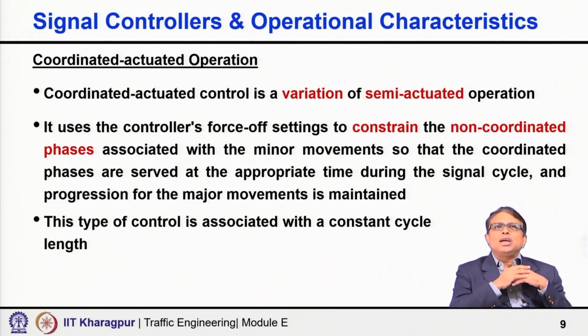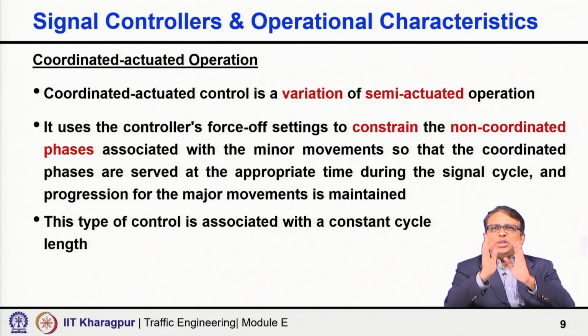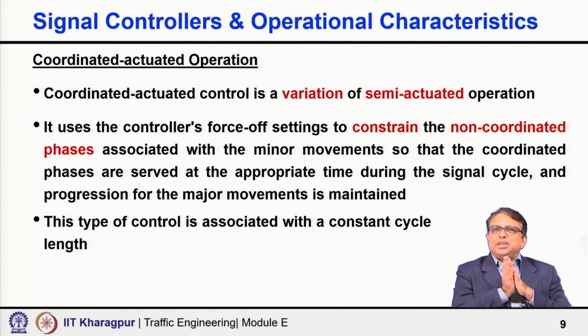So, what I have written here: it uses the controller's force off setting to constrain the non coordinated phases associated with minor movements, so that the coordinated phases are served at the appropriate time during the signal cycle and progression of traffic along the major roads, or for the major movements, is maintained. We do not disturb that.